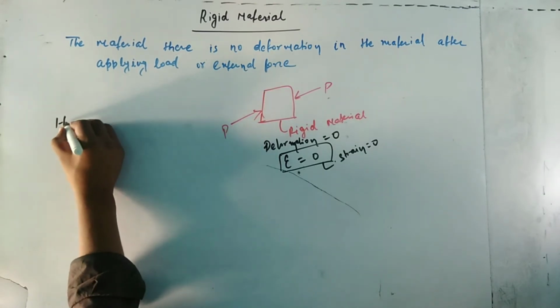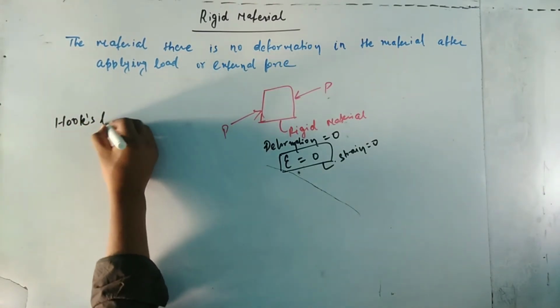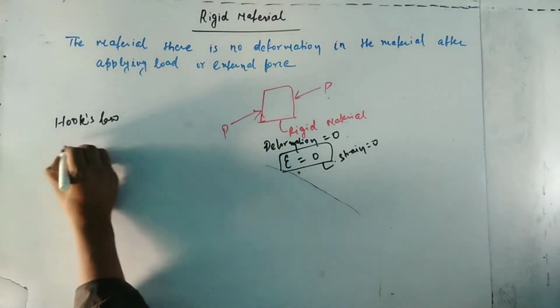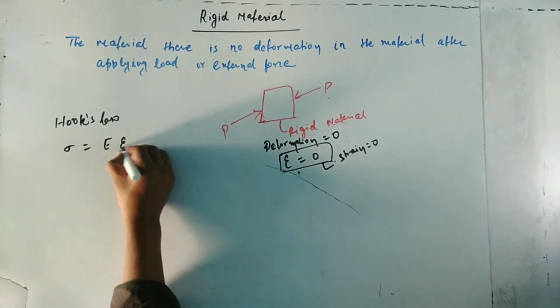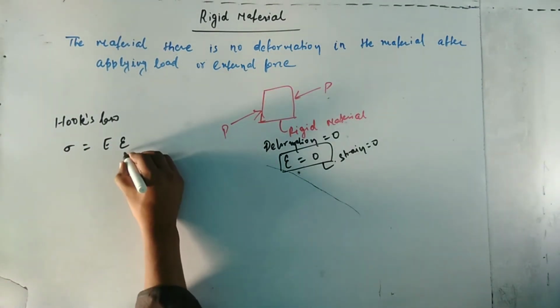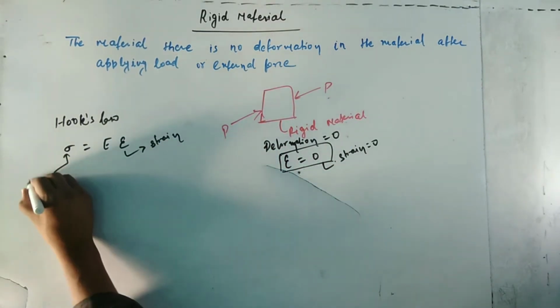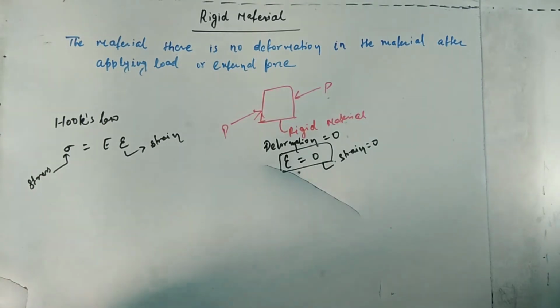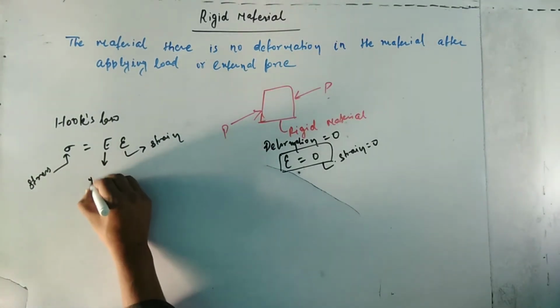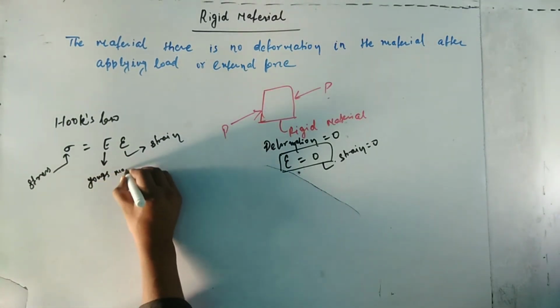Now, according to Hooke's law, sigma is equal to E epsilon, where epsilon is the strain, sigma is the stress, and E is the Young's modulus of the material.